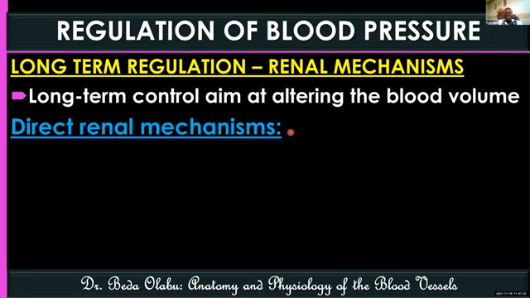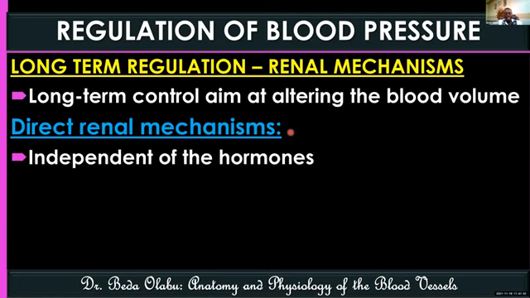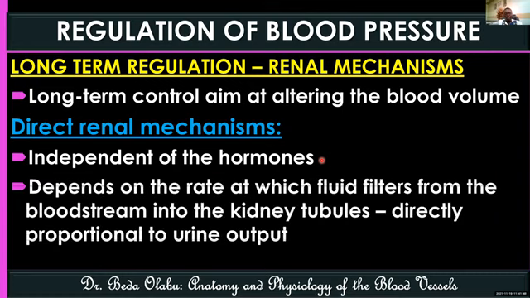There's what we call the direct renal mechanisms and the indirect renal mechanisms. Let's start with the direct renal mechanism. The direct renal mechanisms do not rely on the hormones, but they depend on the rate at which fluid is filtered from the bloodstream into the renal tubules.